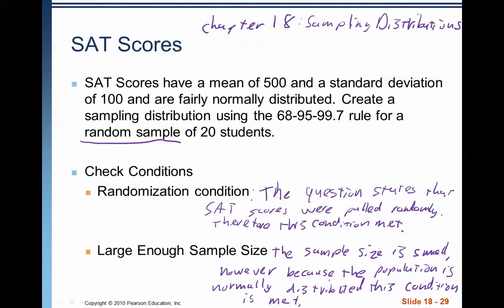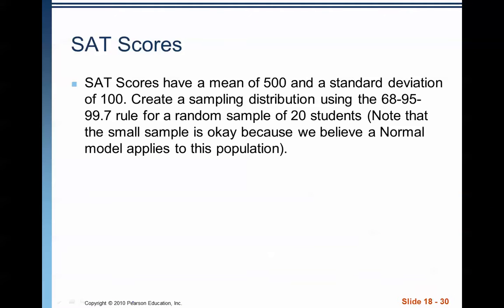So these two conditions have been met. We want to write something to the effect that says conditions have been met for a sampling distribution. So we've decided here that because the conditions have been met, we can use this sampling distribution. So let's go ahead and do it.